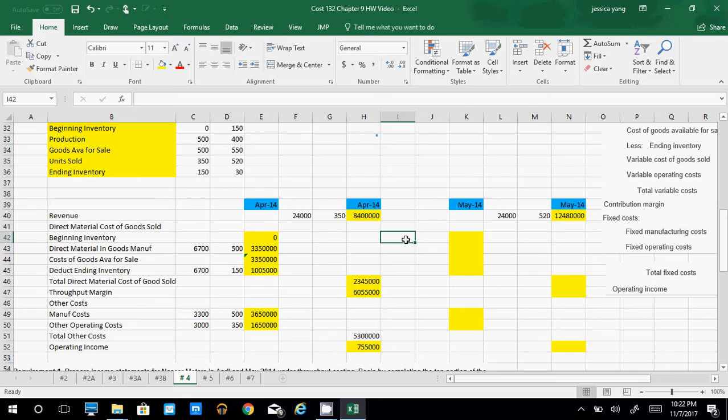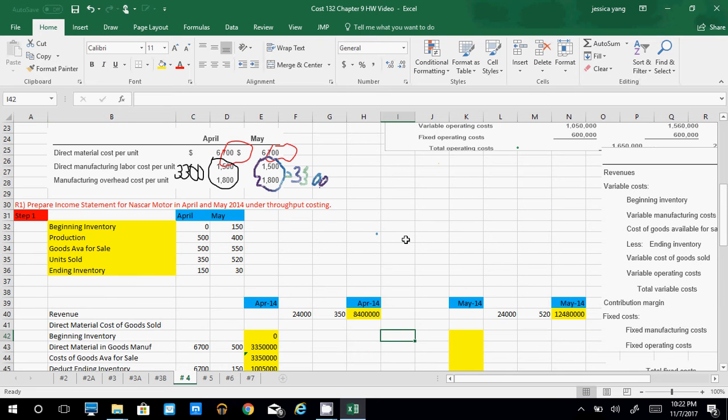For beginning inventory, we would take 6,700 in May for direct material cost per unit, and our beginning inventory was 150 units for May. That gives us 1,005,000 for beginning inventory.